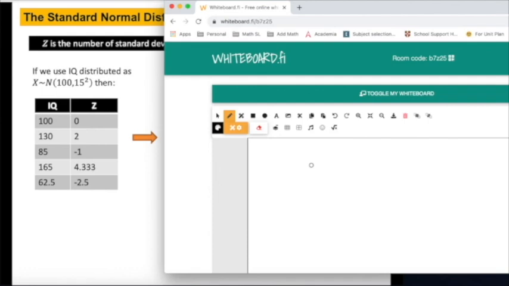Okay, let's just do one example. Remember the formula to find the z-score, or how far the score is from the mean. That's equal to x minus mu over sigma. Let's do 85, so x is equal to 85.